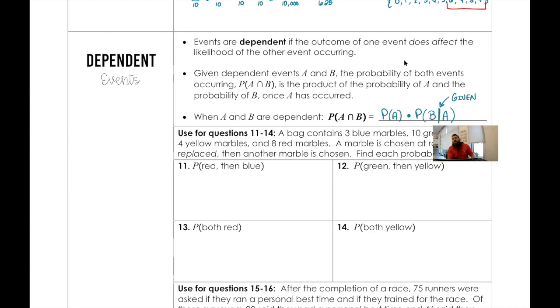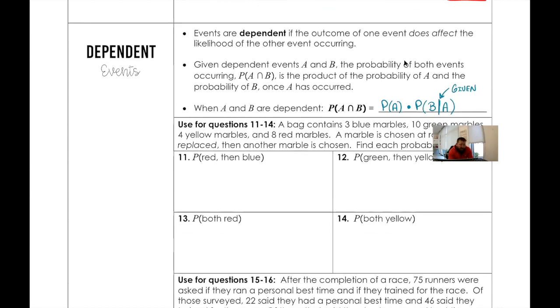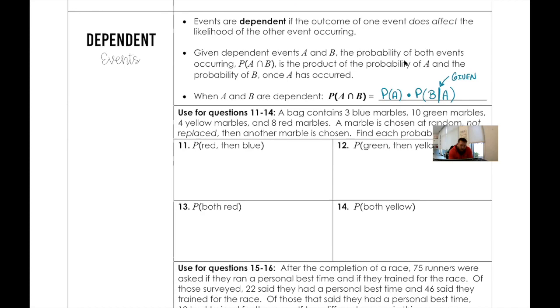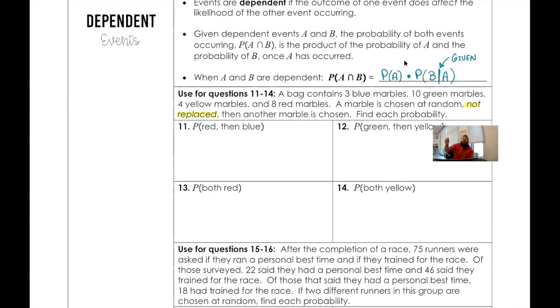So a bag contains 3 blue marbles, 10 green marbles, 4 yellow marbles, and 8 red marbles. A marble is chosen at random and not replaced. Not replaced, without replacement, all of that changes. It changes the total outcomes. Find each probability.